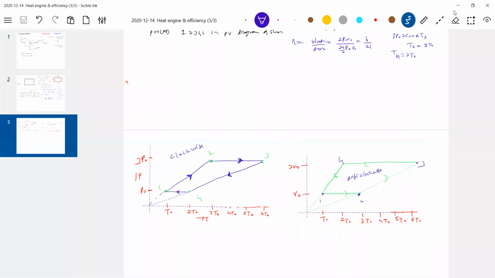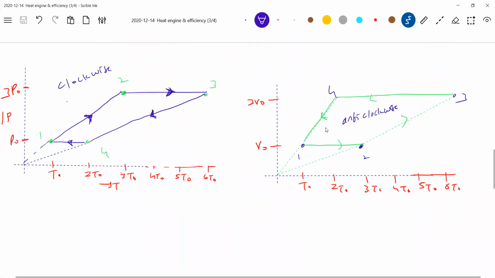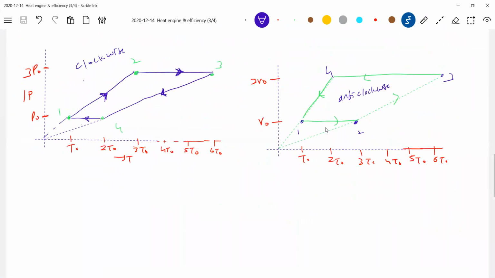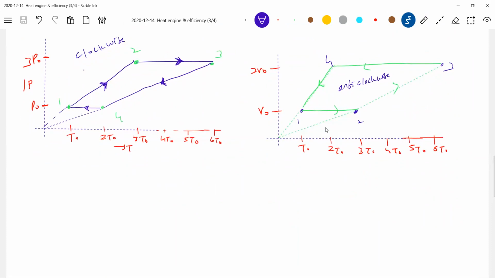Let me go for the intensity versus density graph. Able to see things clearly? Okay, the last one, intensity versus density graph.